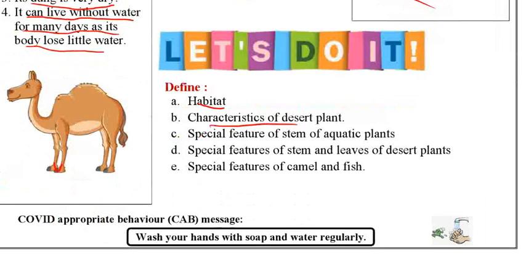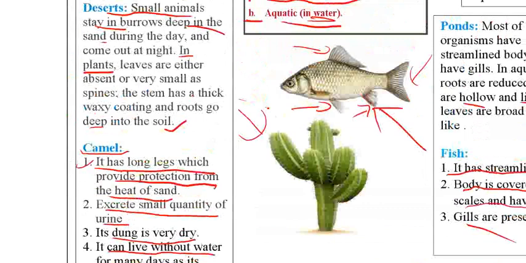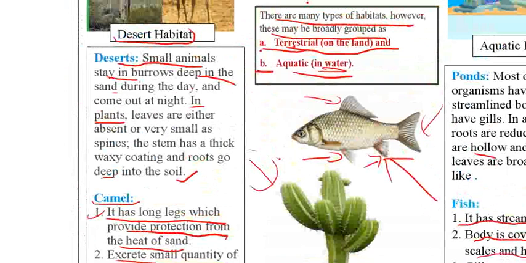Now we have special feature of stem and leaves of desert plants. As we come over here, you can see the special feature of stem in the desert plant is a thick waxy coating, and leaves are either absent or very small, present in the form of spines.